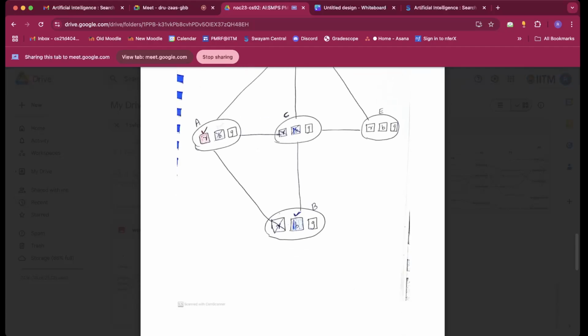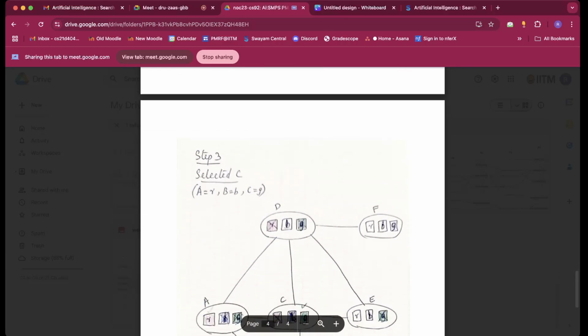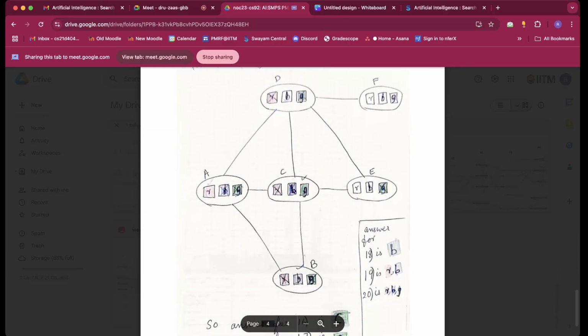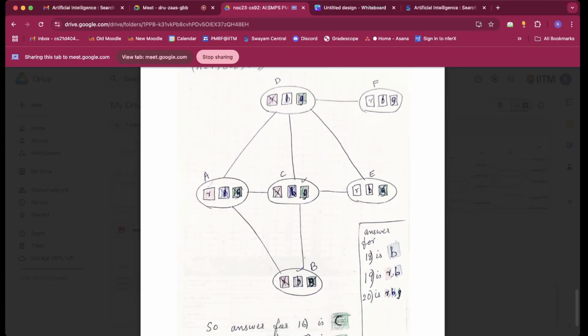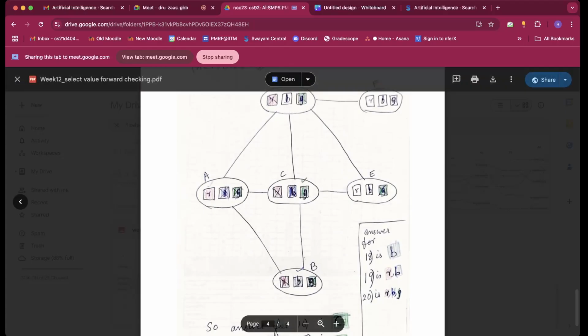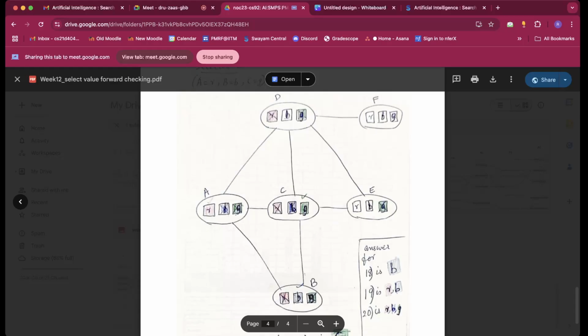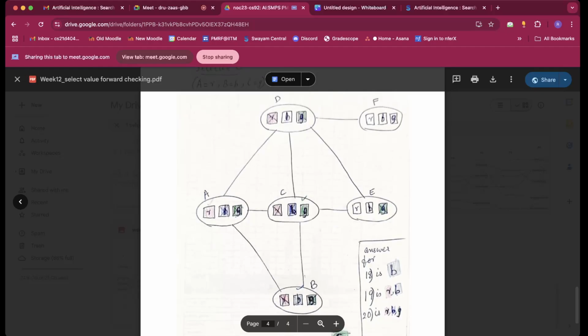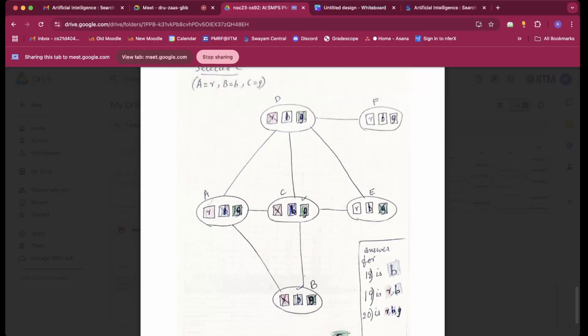And then we proceed further. We assigned green to C, right? And because we assigned green to C, we cross out green from B and D, and then we assign B to D, and so on and so forth. Okay, so this is the final graph, what it might look like.